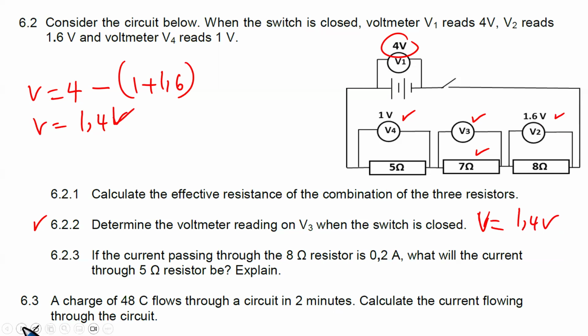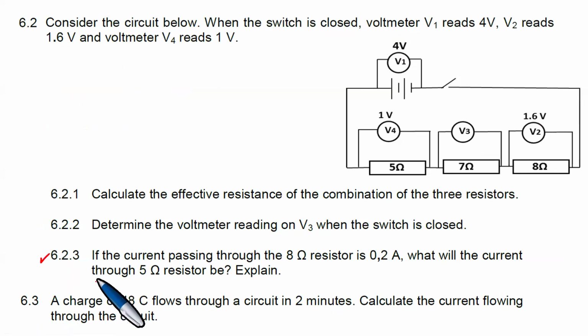All right. So we look at the next question, 6.2.3. If the current passing through the 8 ohm resistor is 0.2 amperes, what will the current through the 5 ohm resistor be?